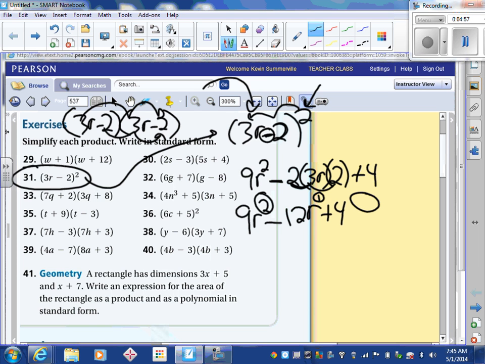So my final answer is 9r squared minus 12r plus 4. That's the final answer. With the trick, you square the first number and the letter, square the last digit, and then we always multiply everything inside the parentheses by that power of 2.